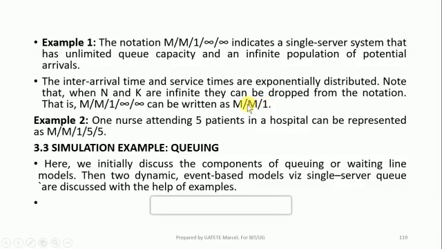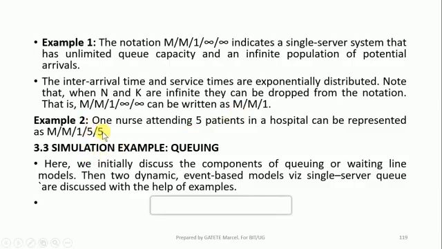This is the same as writing the long one, but this is shorter, so better use this one. If I see this notation, immediately I will know that we have infinite capacity and calling population.